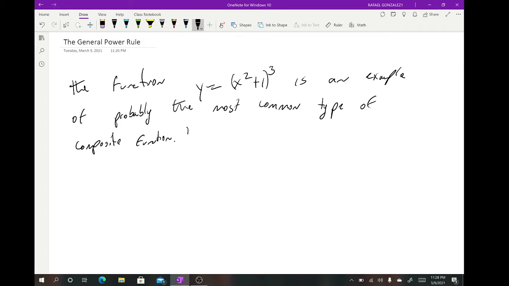That is y equals u of x to the power n. So here we have a function u raised to some power.